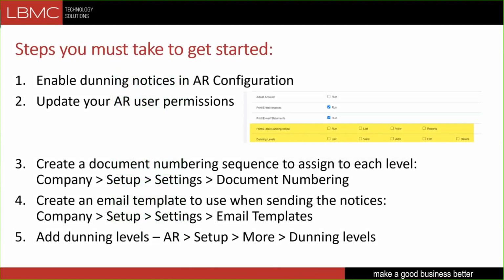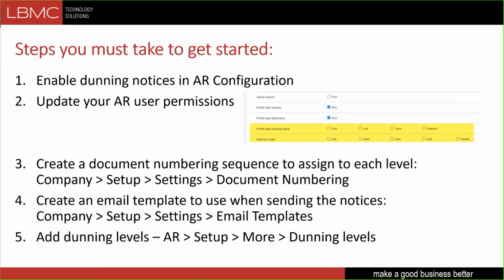So these are the steps that you must take initially before you will be able to do this. The first thing will be in that AR configuration screen I showed you, the very bottom box that was highlighted blue. You'll need to select it and then save and refresh your screen. And once you do that, you'll need to go into your AR user permissions, and you will see the two highlighted rows that have no boxes checked.